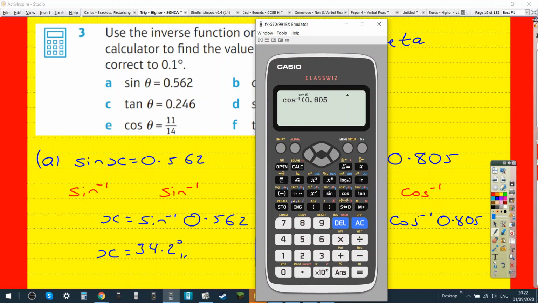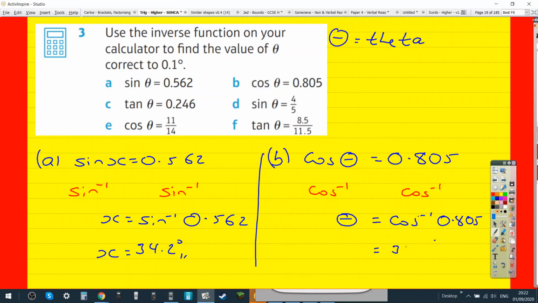Try that one. What do you get? I get 36.4. So that is 36.4 degrees. Okay, how about question C?